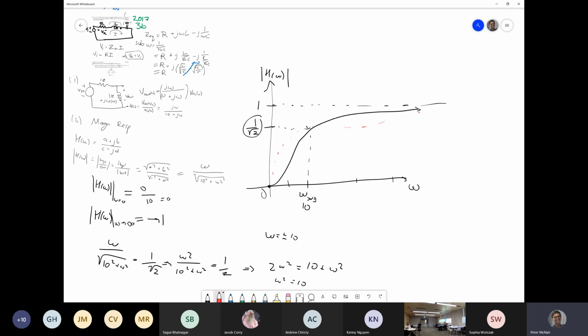Sub in some more values and find out. In an exam, just go for a smooth curve, I think. Yeah, no worries. How many points on the graph? That's a good question. I would think, I'll just share this.